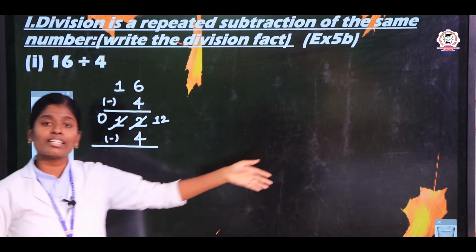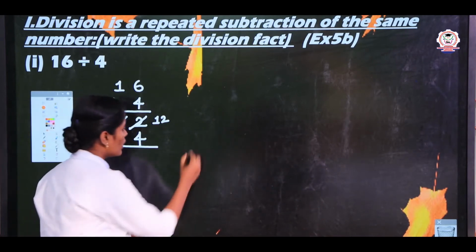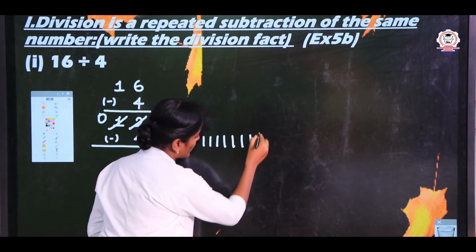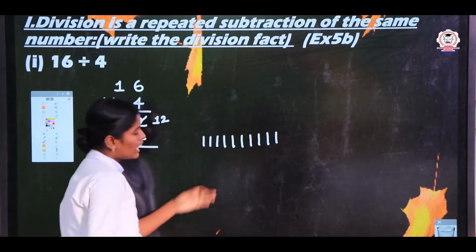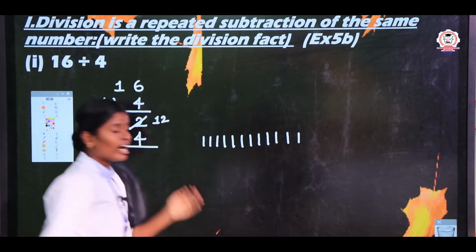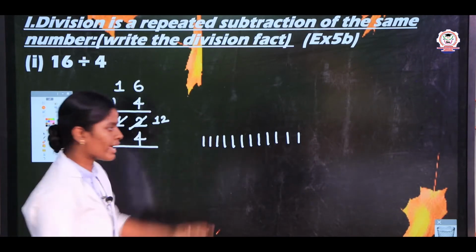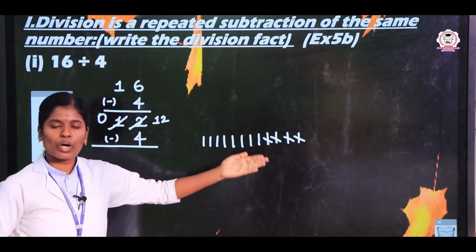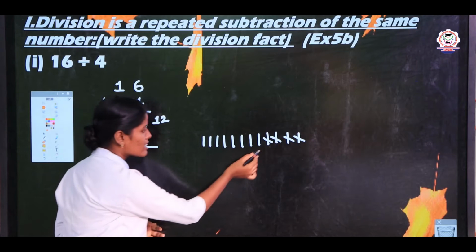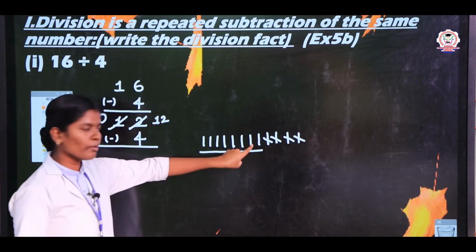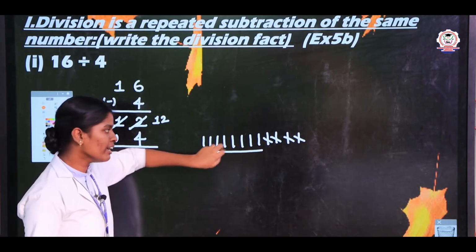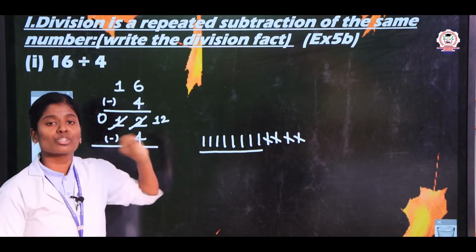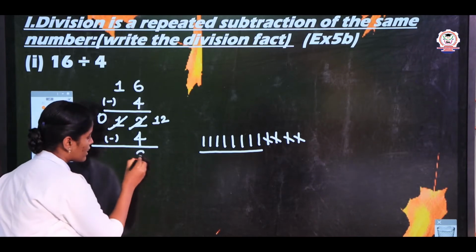Put 12 lines and strike out 4 lines. 1, 2, 3, 4. Now we are going to count the remaining lines. We have 1, 2, 3, 4, 5, 6, 7, 8.